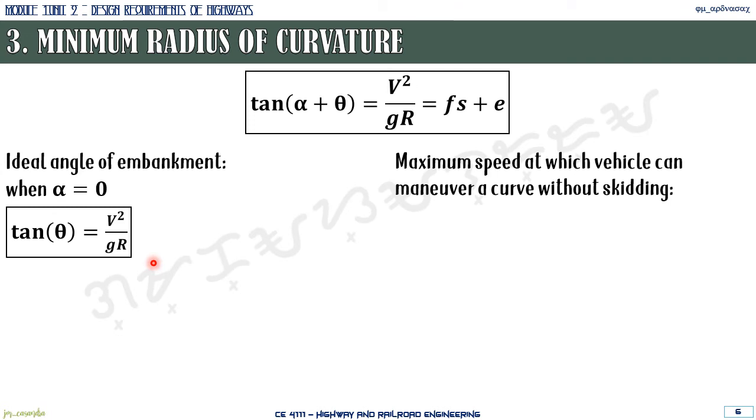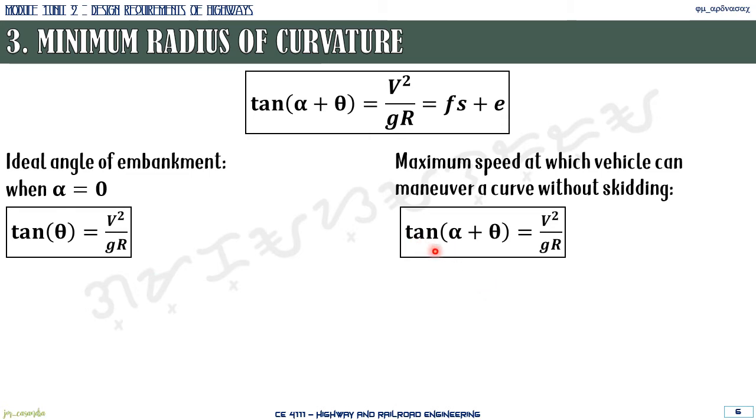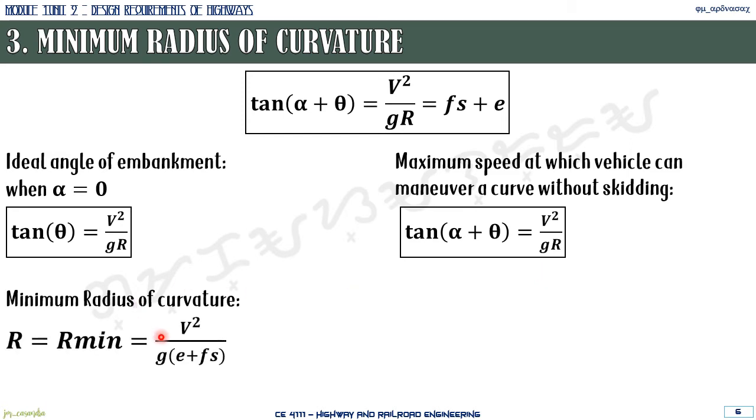Likewise, the maximum speed of a vehicle which can maneuver without skidding or overturning will simply be equal to tangent of alpha plus theta is equal to V squared all over GR. And the minimum radius of curvature will be equal to V squared over G times E plus Fs.